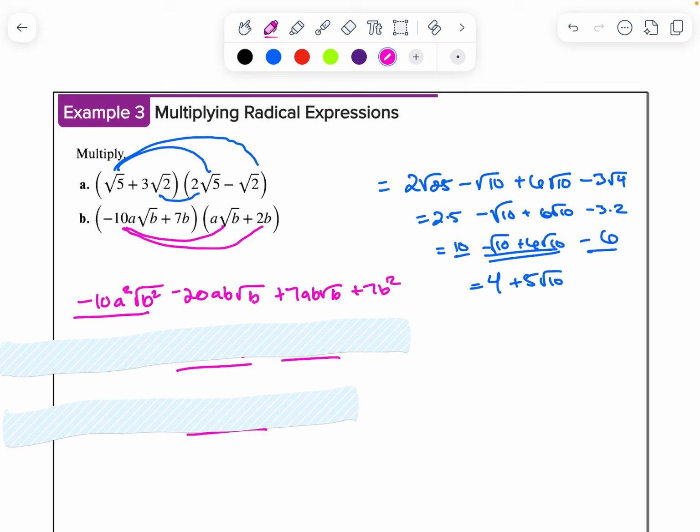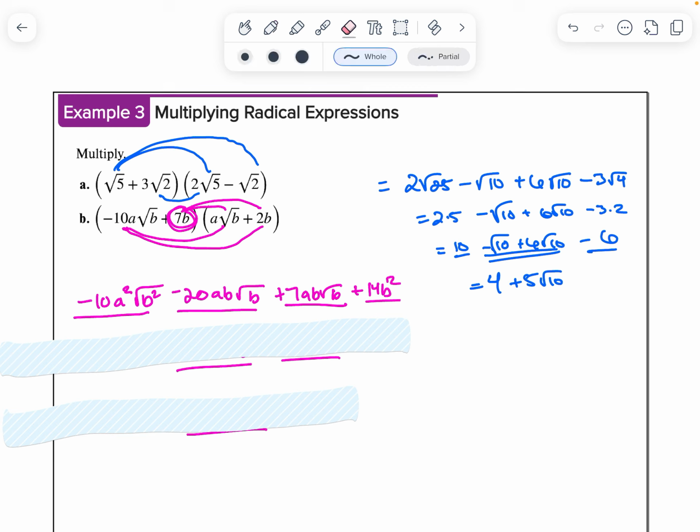This times this gives you that item. 7b times the first gives you that. And 7b times 2b gives you, that should actually be 14b squared. All right, I'll have to adjust that as we go.